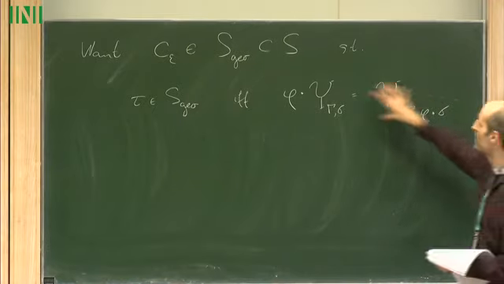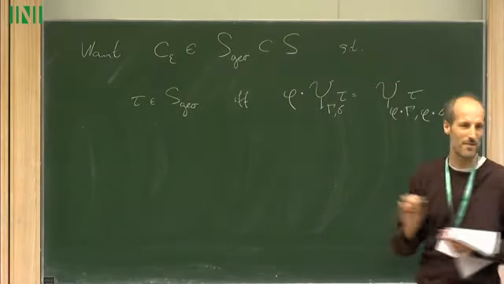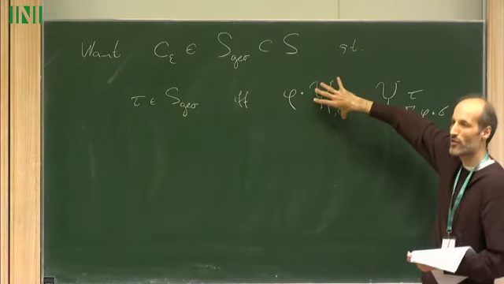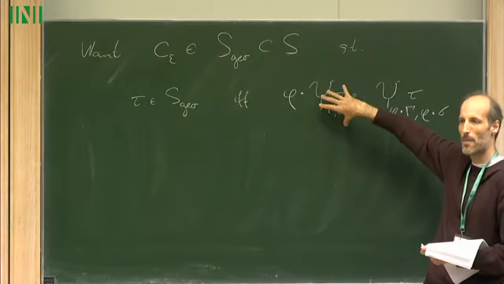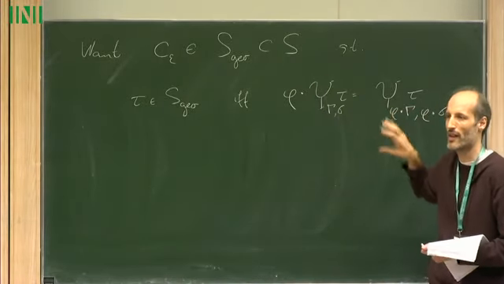So this tells you this transforms like a vector field. This is the identity that says it transforms like a vector field.